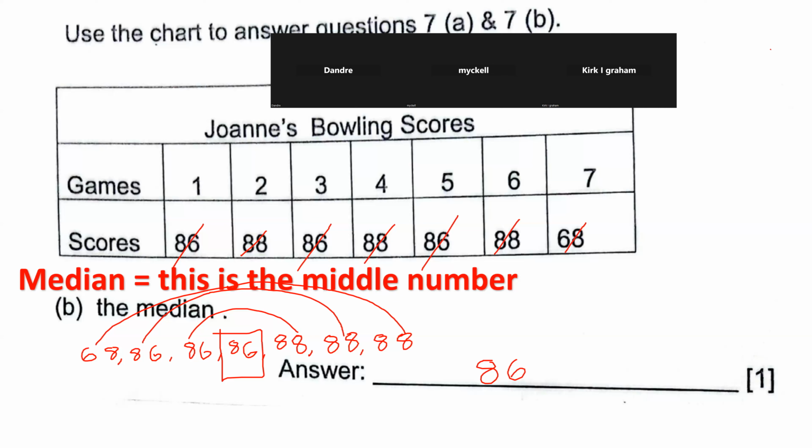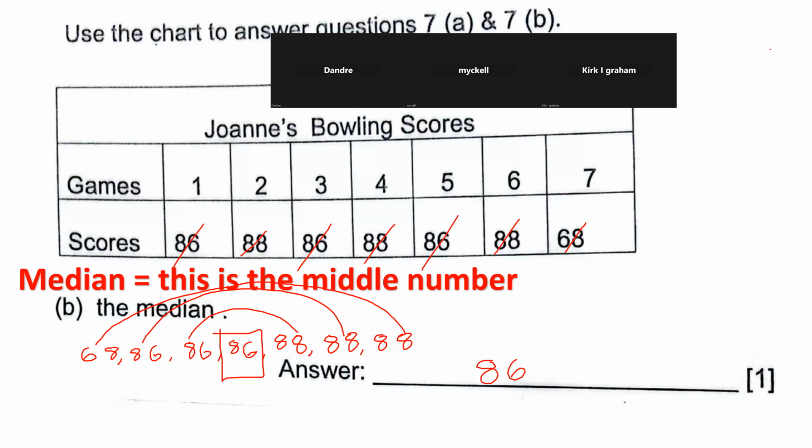We should put it from least to greatest, and we use the lines, and the median is always in the middle. Good. So we have to first arrange them from least to greatest, right? Yes, sir. Good. And then find the middle number.